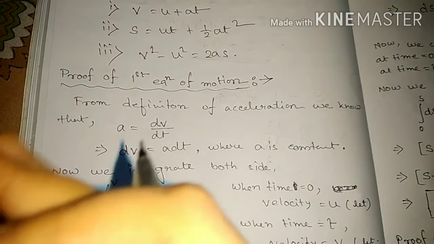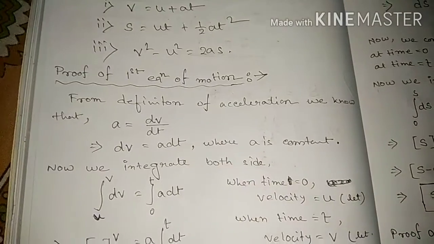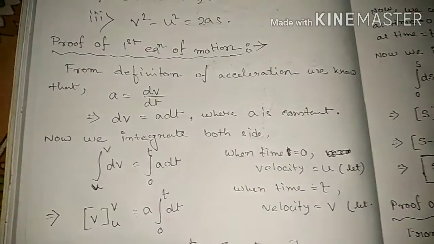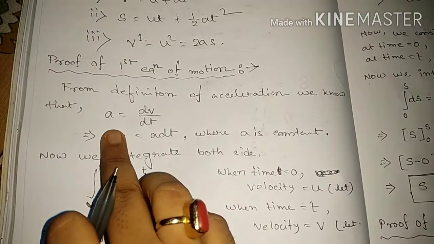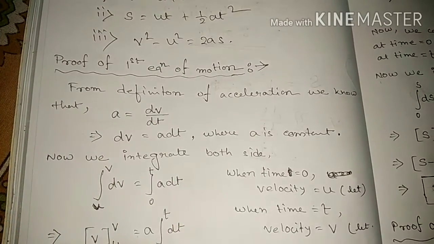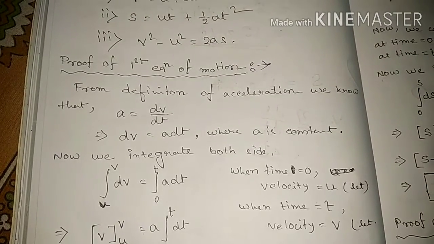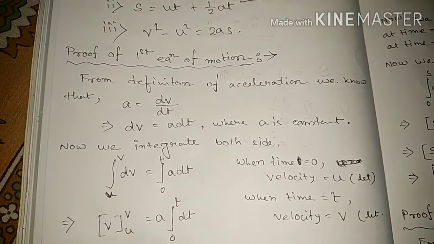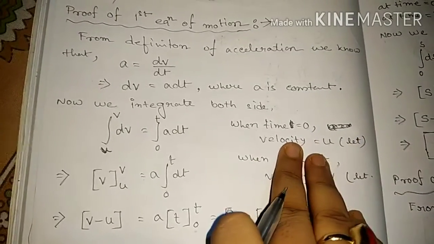When time equals t second, that means after t second, the final velocity of an object is v. So these are the considerations, because we have two variables here, one is dv, another one is dt. So we need two limits, one related to dt, another one related to dv. So that's why we consider this one.